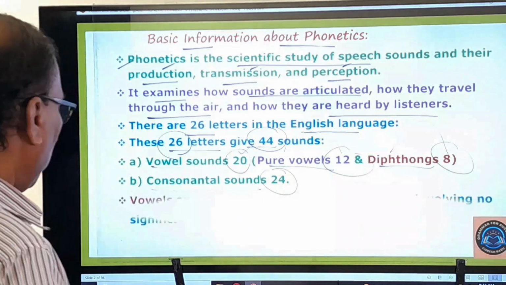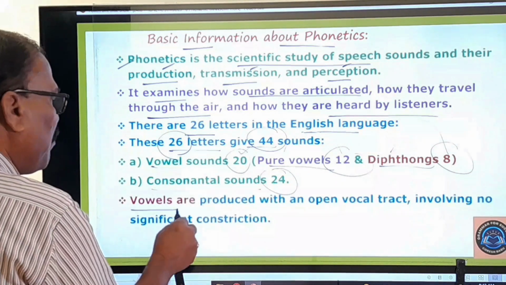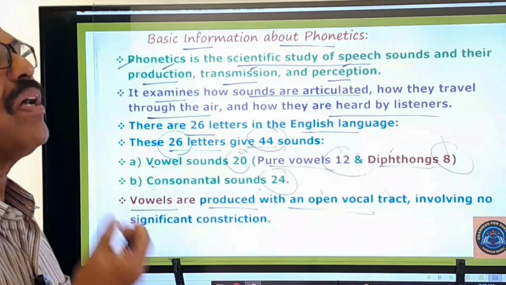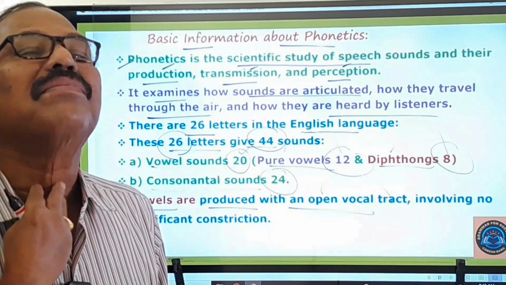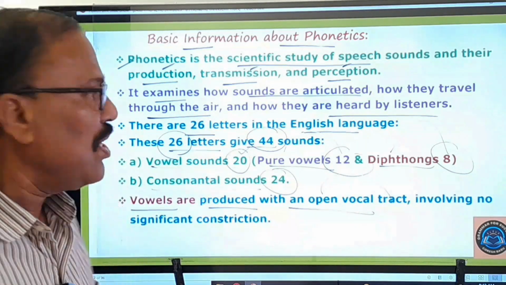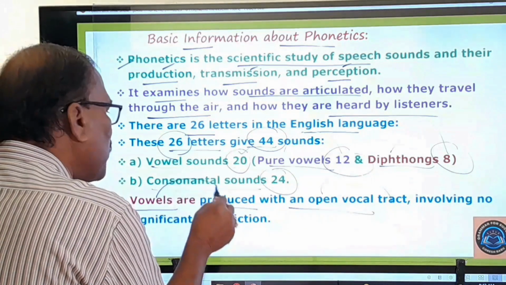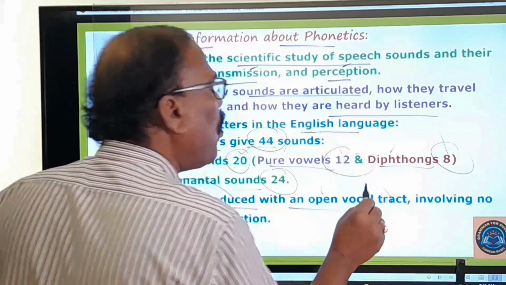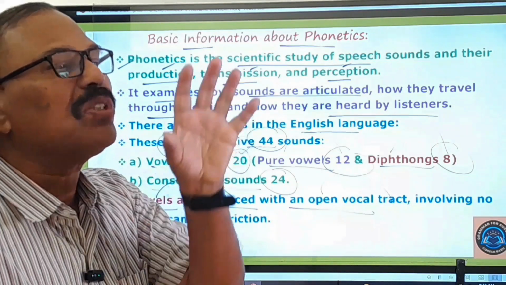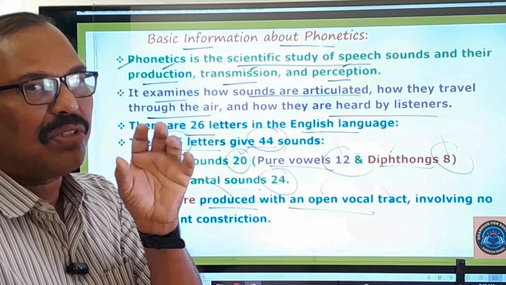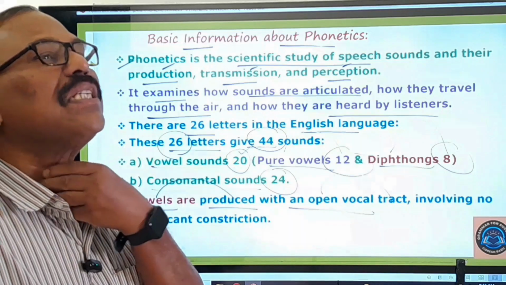Now let's go to the next important point. Vowels are produced with an open vocal tract. This is the vocal tract. So vowel sounds are produced with an open vocal tract. That means the vocal tract is not obstructed. It is free.